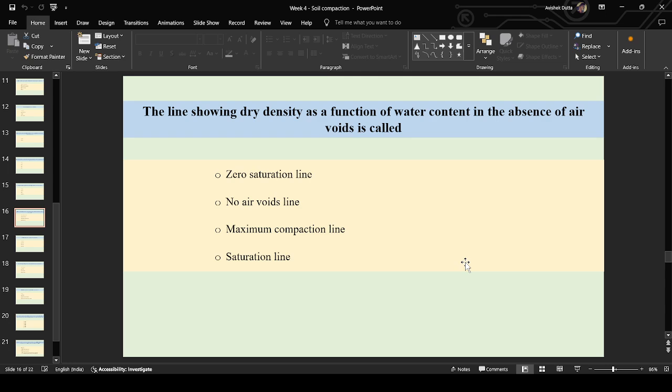The options are zero saturation line, no air voids line, maximum compaction line, or saturation line. Here I am asking about the exact terminology that is used in standard textbooks. What is it called?